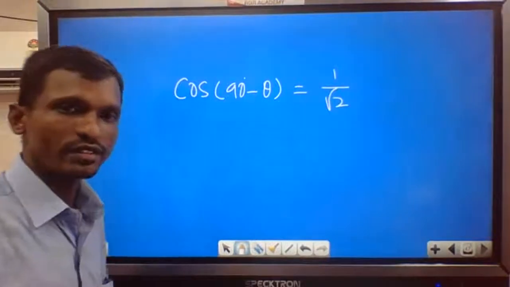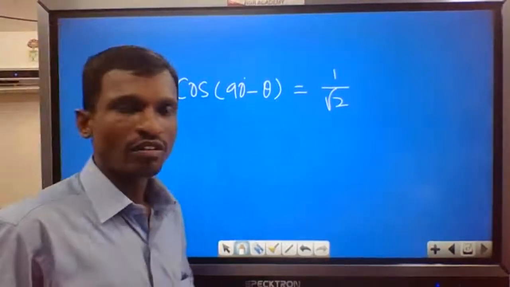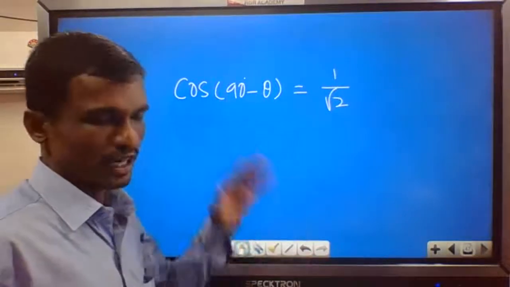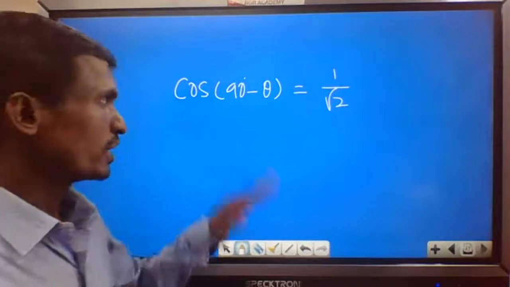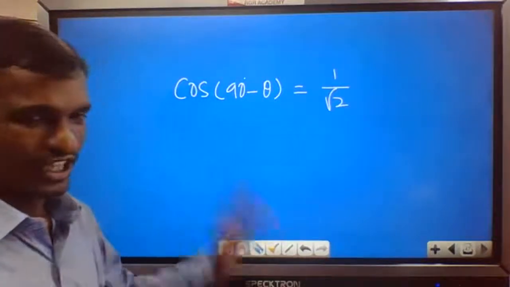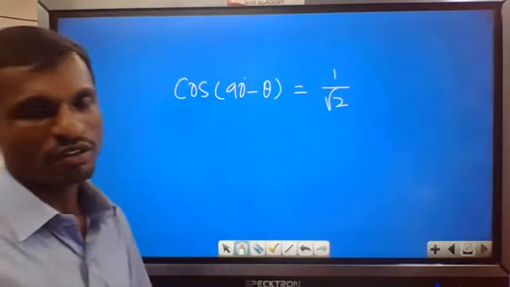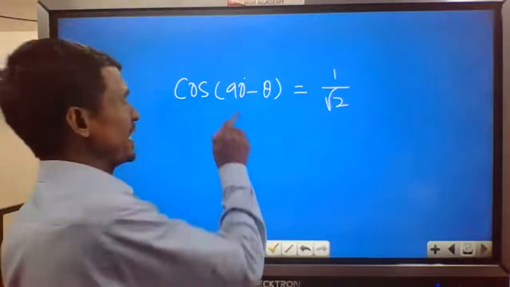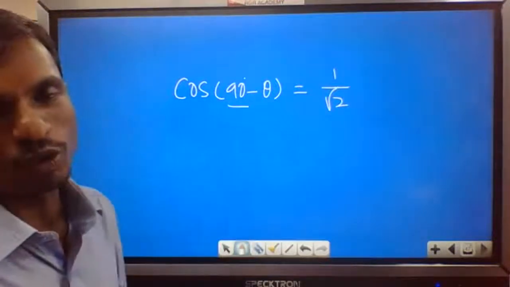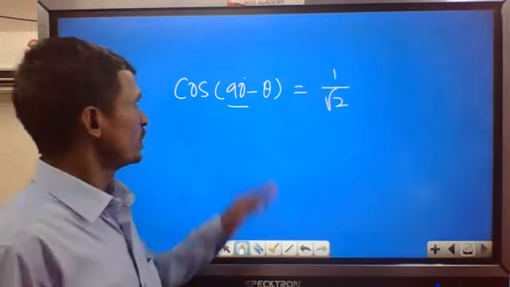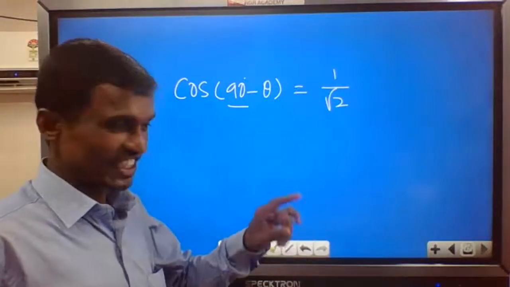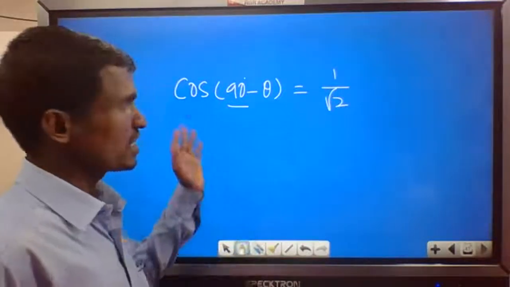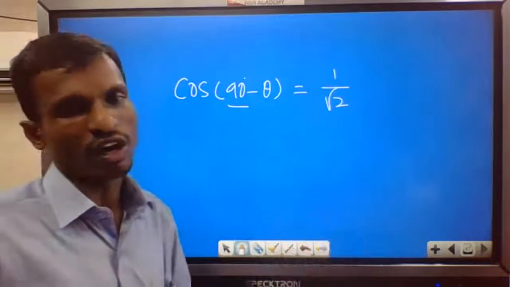The first quadrant, where all ratios are positive: sine, cos, tan, cosecant, secant, cot. But understand one thing: 90 is an even multiple, and 270 would be an odd multiple. In that kind of situation, cos converts into sine and sine into cos.